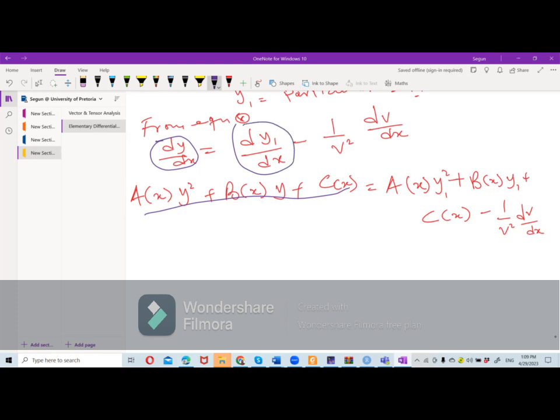And since I know dy/dx is there, I will now differentiate. This is dy1/dx, so the dy1/dx we just change. Everywhere I see y in my equation, I'll just put y1 and remain the same. So don't forget, this aspect is also part of it. That is what I joined to this one.